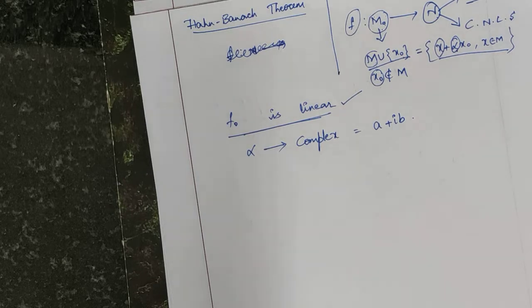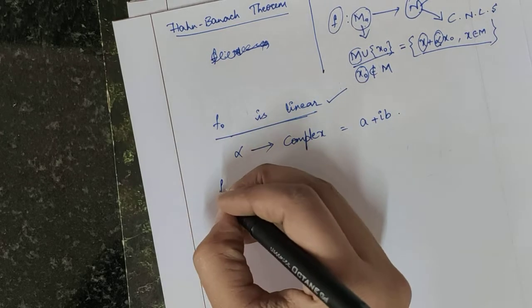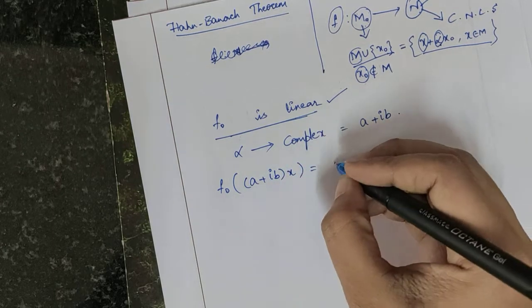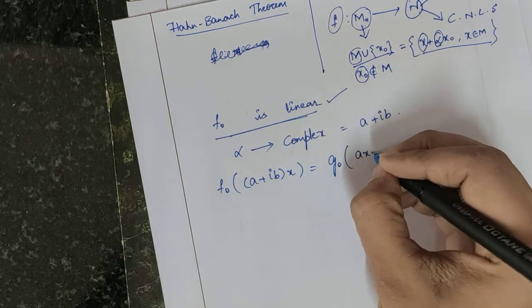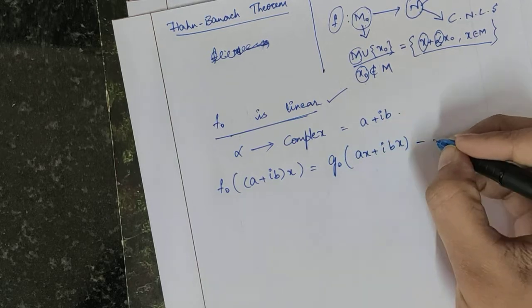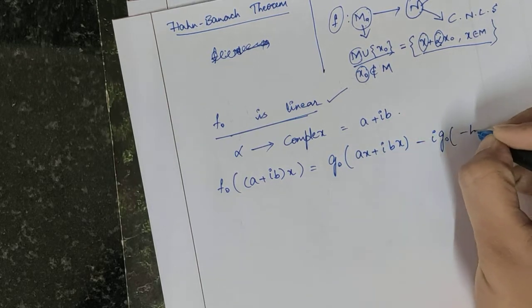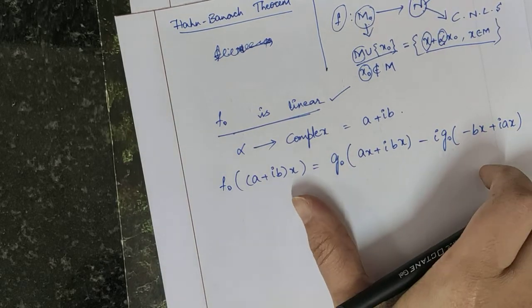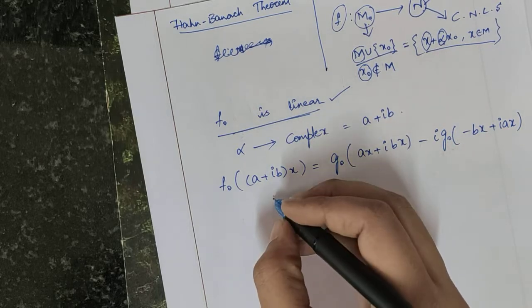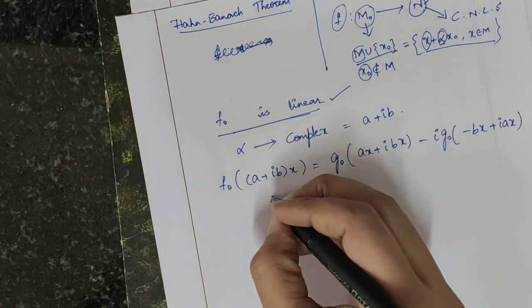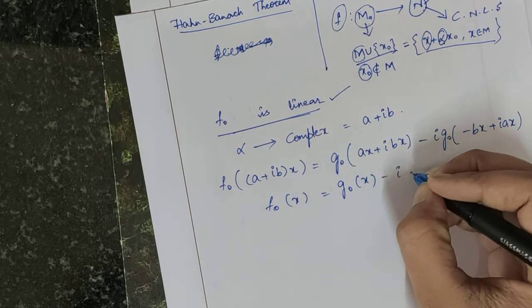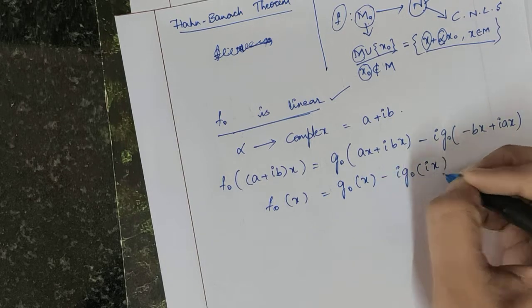So now I can define this where a and b are coming from the real line R. So f0 of (a plus ib) x will be equal to g0 of (ax plus ibx) minus i into g0 of (minus bx plus iax). How can I define this? Because I know that f0 of x is equal to g0 of x minus i into g0 of ix, right?